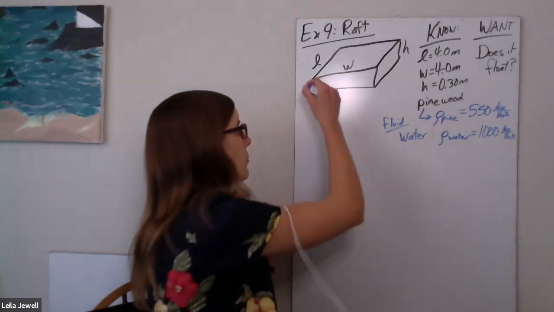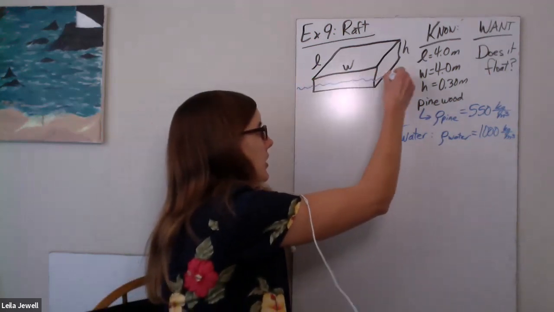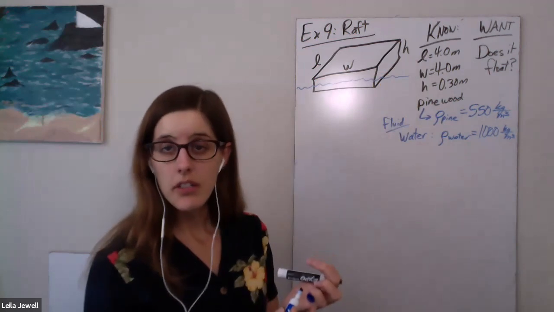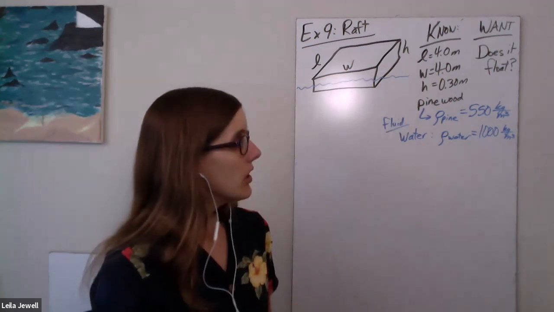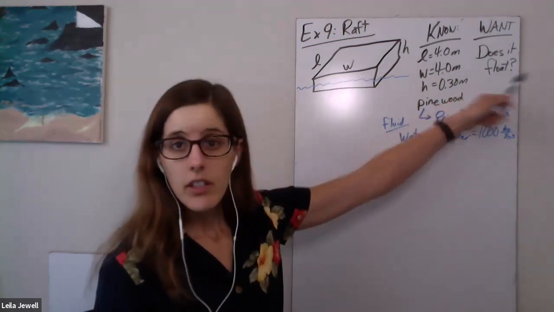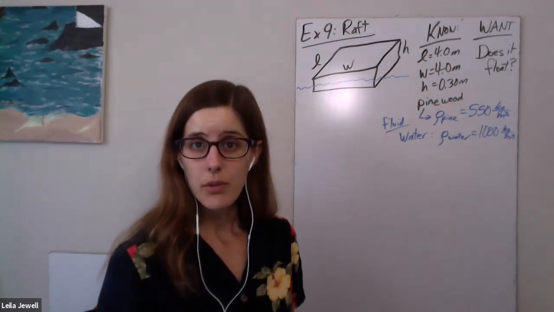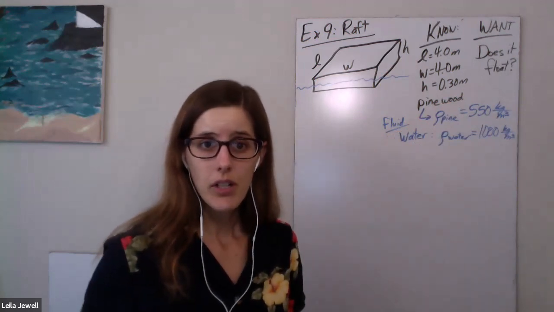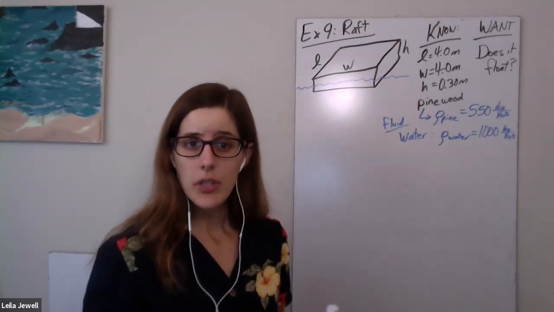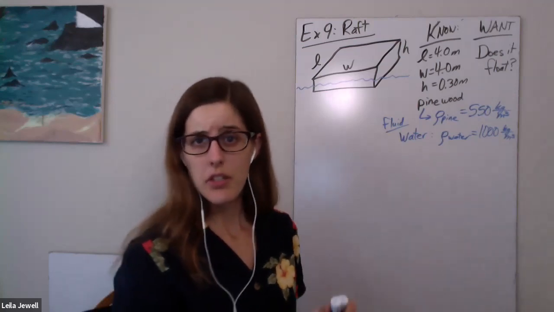And we could draw in the water on our raft too, to help remind ourselves that the raft is in a fluid. So what we want to figure out is, does our raft float? Right? And the other thing is, how much of the raft is potentially beneath the surface?